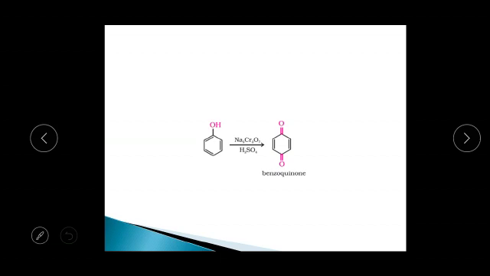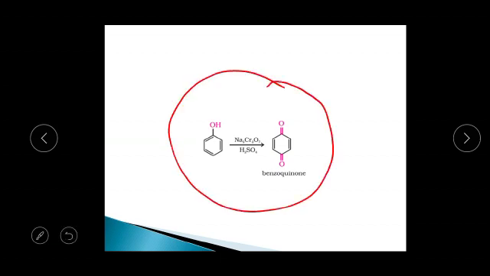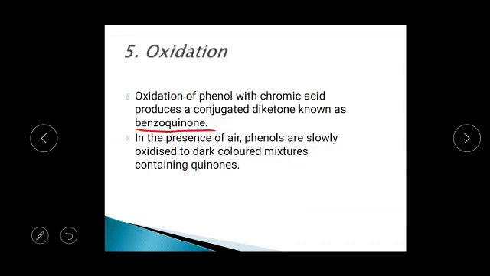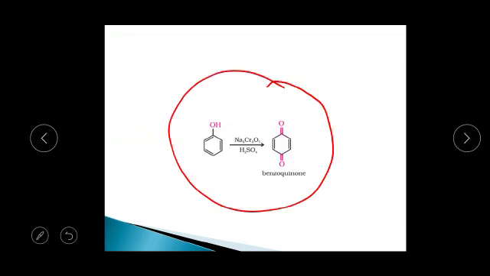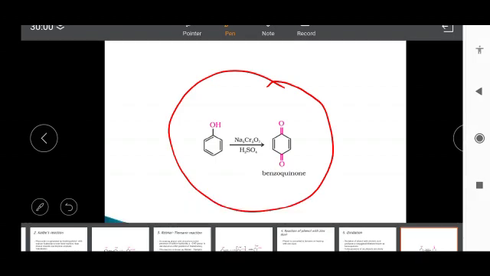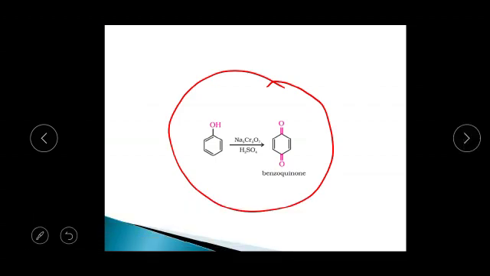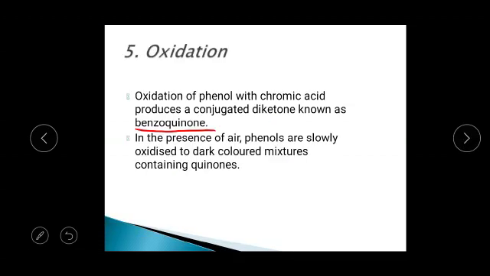Here you can see the phenol treated with chromic acid gives benzoquinone. In the presence of air, phenols are slowly oxidized, since air contains oxidizing agents, forming quinones.